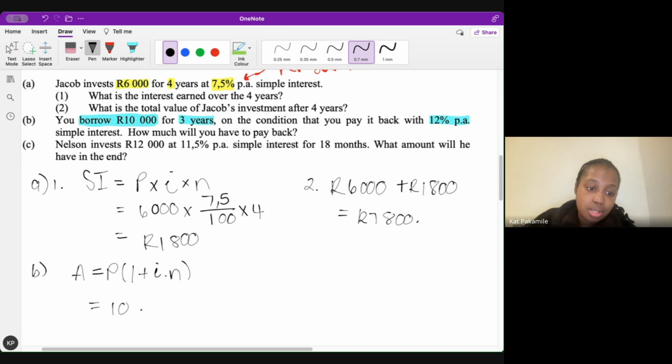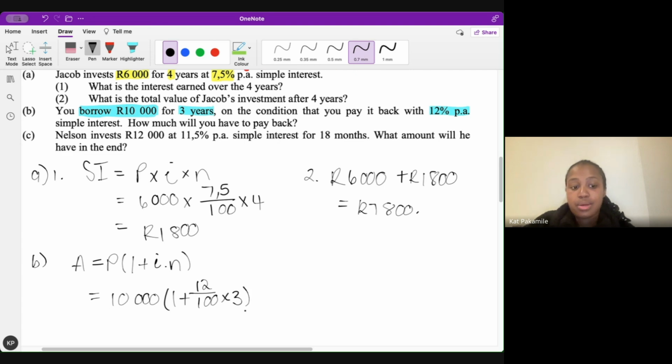10,000. Open brackets, 1 plus, what is my interest rate? 12%. Okay. Times, how long do I have to pay this back? 3 years. Okay.